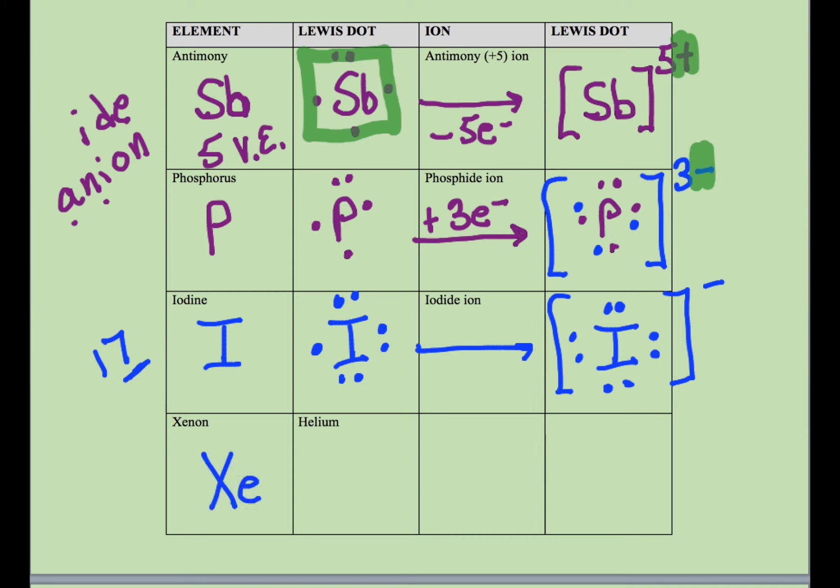Xenon doesn't form ions. I just wanted to show you it's group 18. It has 8 valence electrons around it. And then helium only has 2 electrons. It doesn't reach a stable octet. It's too small. Small ones typically don't reach an octet.